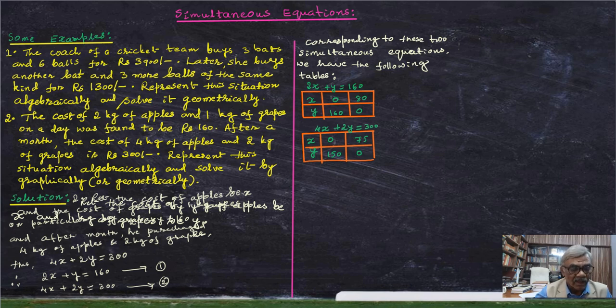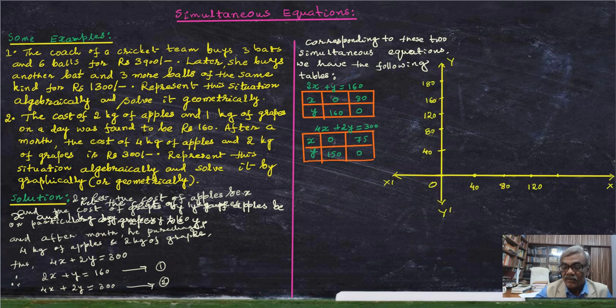And I would like to consider a coordinate axis, and corresponding to these values I plot the points here: 75, 0 and 80, 0 for the two equations, and 0, 150 and 0, 160.